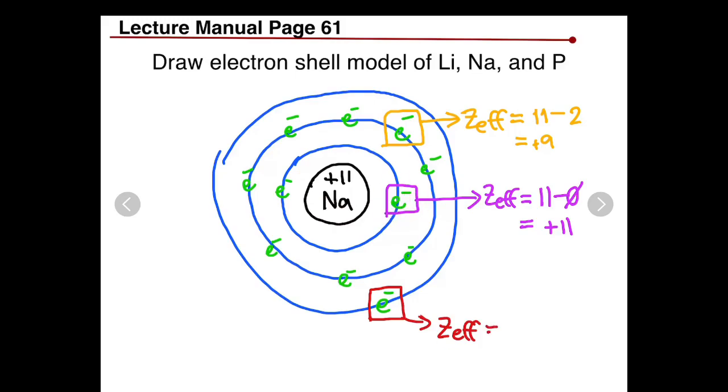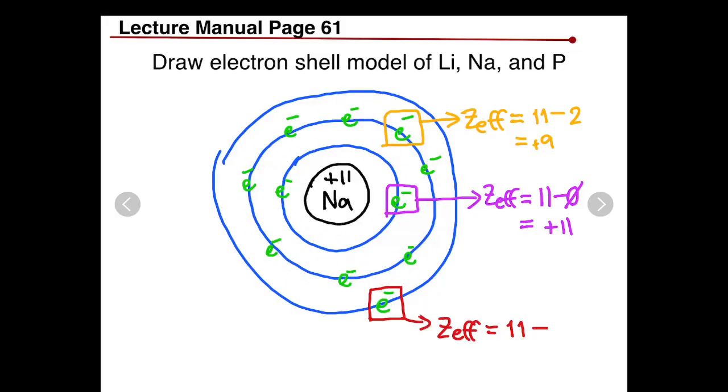Okay, so the last one, you are going to do the same. Use the number of protons, 11, minus the number of shielding electrons. Okay, so how many shielding electrons? Well, if you're looking at this, there are 2 more layers here that are shielding this electron. Therefore, what you are going to do is count all of the electrons inside of this.